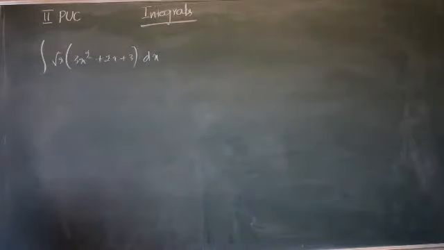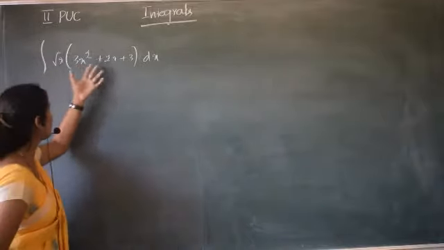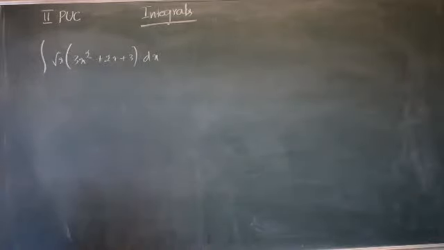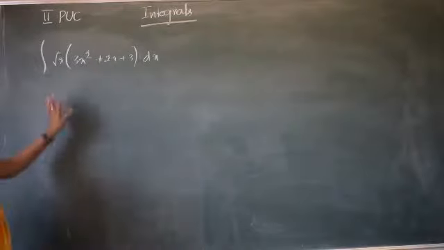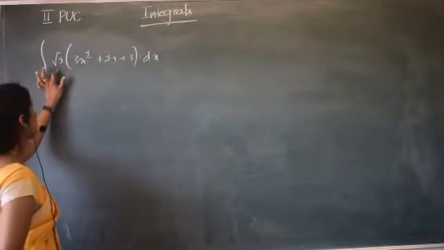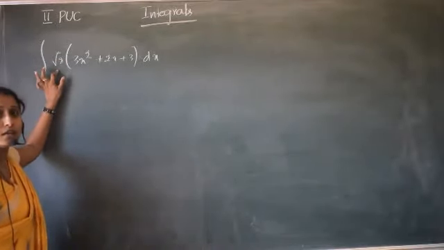So how to simplify? Now we know that root x means x to the power half. So we multiply 3 into x square into root x. We have to convert to a single term.